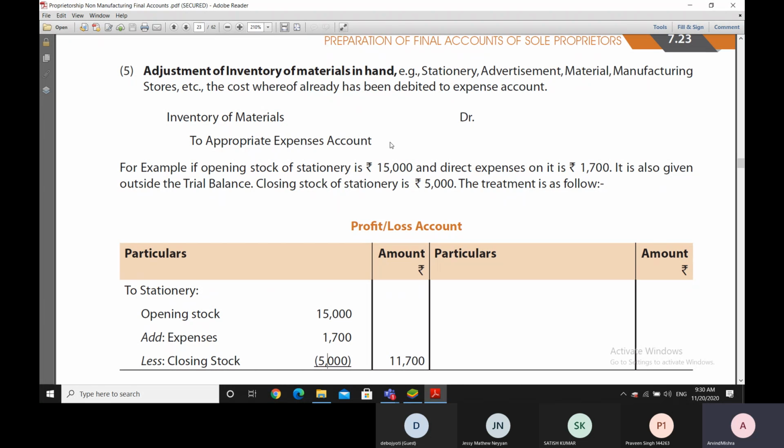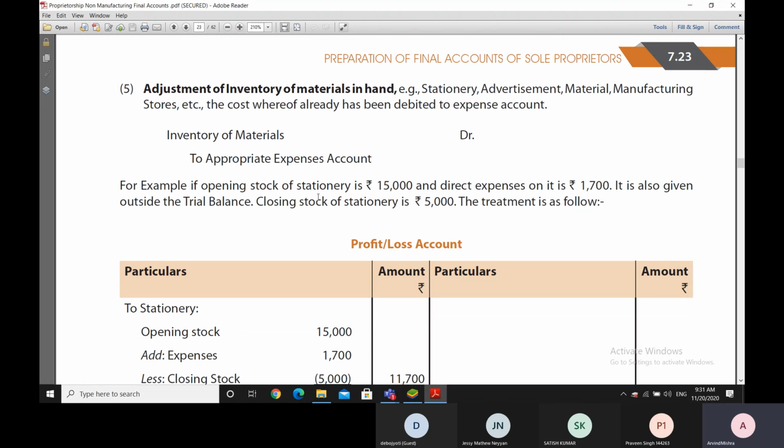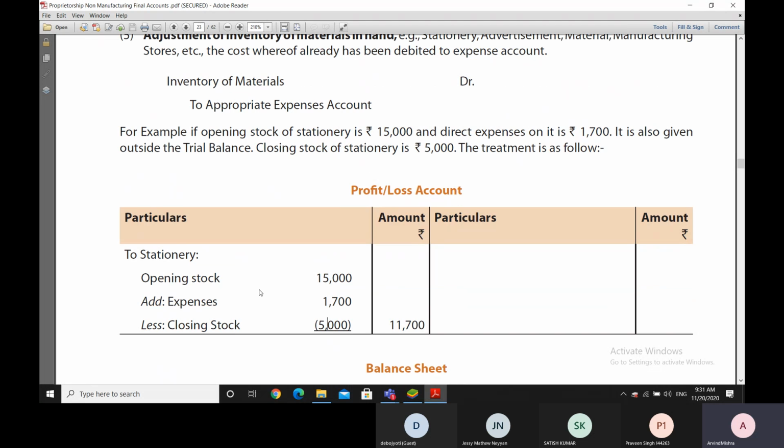And after having done that, by making this adjustment, this expenditure which was incurred on account of stationery has been moved to inventory of material account. And once we have moved it to inventory of material account, it will become part of this calculation here, and therefore this adjustment entry will help us to calculate the exact amount of the cost incurred on the stationery during the year.